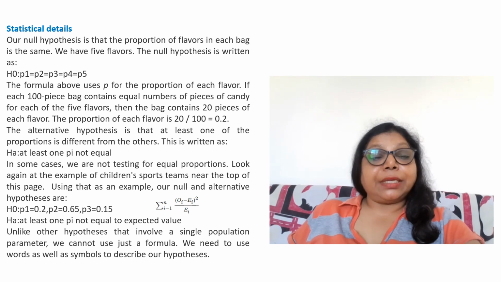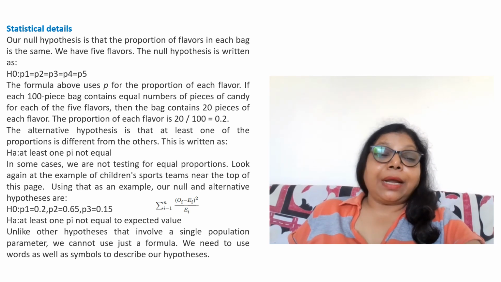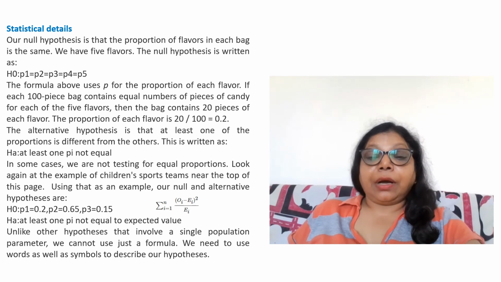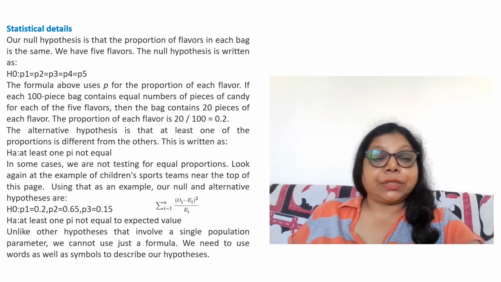And HA says at least one P is not equal to the expected value. Unlike other hypotheses that involve a single population, we cannot use just a formula, so we need to use words as well as symbols to describe our hypothesis.